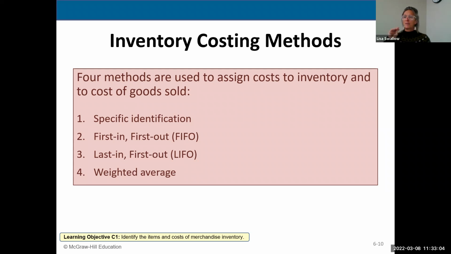I bought these 4 stones from a mine in Zimbabwe, and now I'm turning around and selling them. Of course, I'm going to specifically identify which diamond is sold, and I'm going to know the cost associated with that, right?